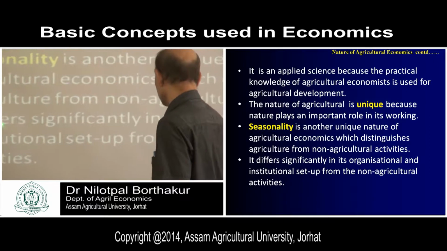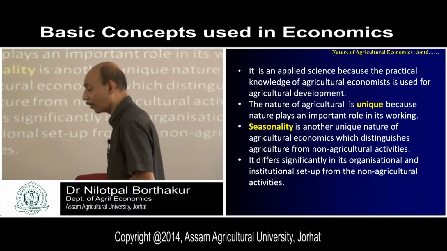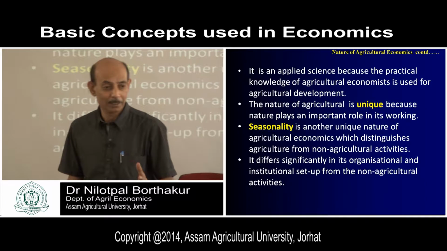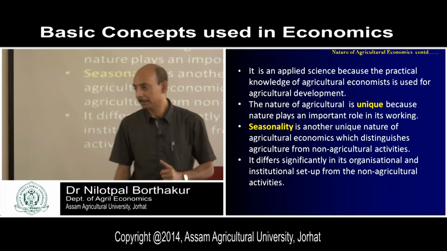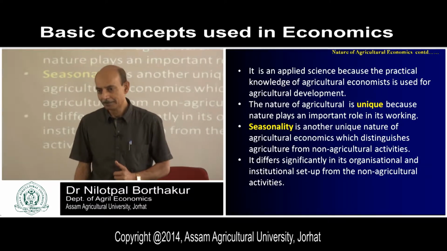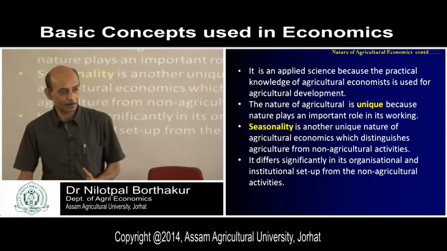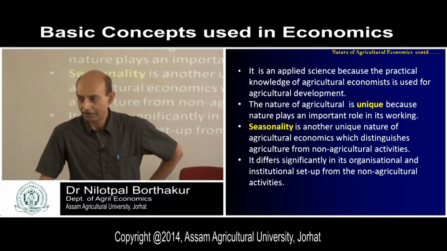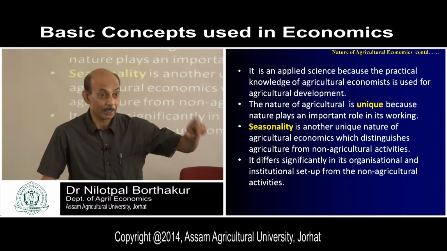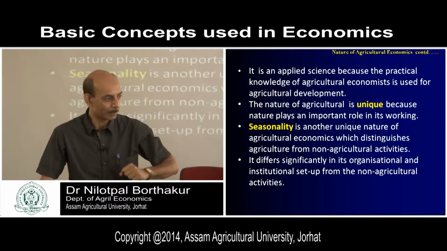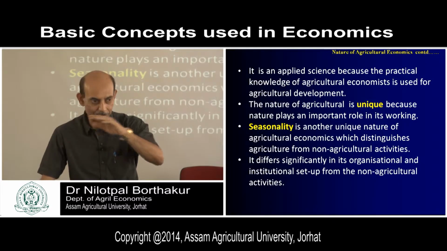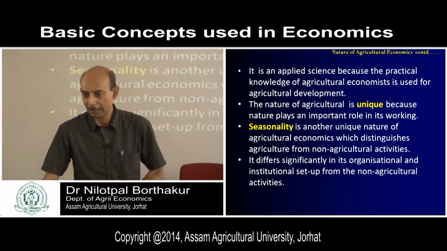Then it differs significantly in organizational and institutional framework from non-agricultural activities. Suppose a big industry, a refinery, has a definite organizational structure. At the top, the board of directors. Below them, certain senior directors.